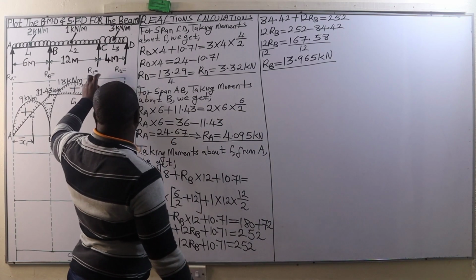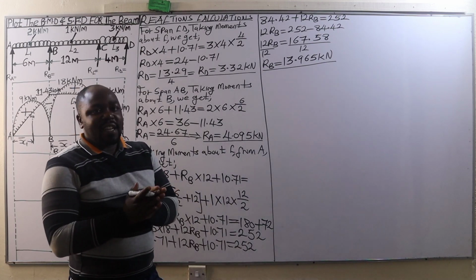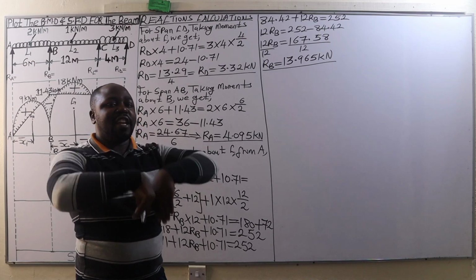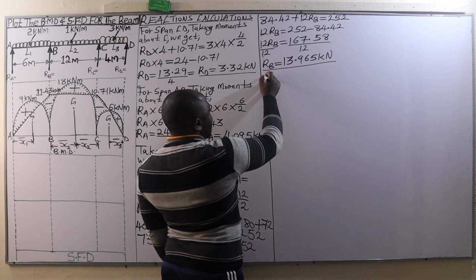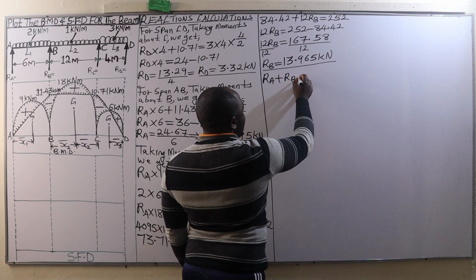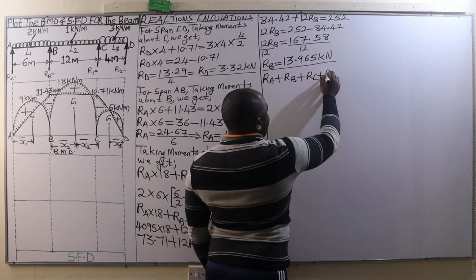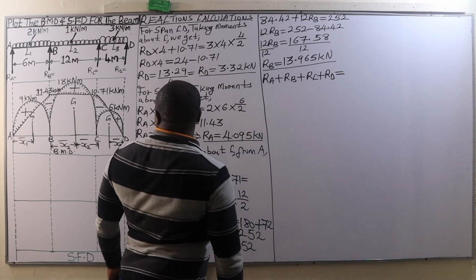To get the reaction at C, we say that the sum of all the upward acting forces must be equal to the sum of all the downward acting forces. In this case, the upward acting forces are RA plus RB plus RC plus RD, which is equal to the downward acting forces.